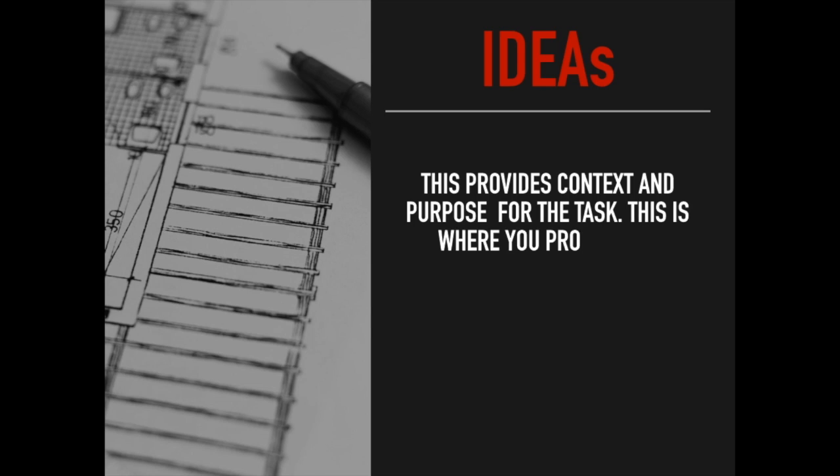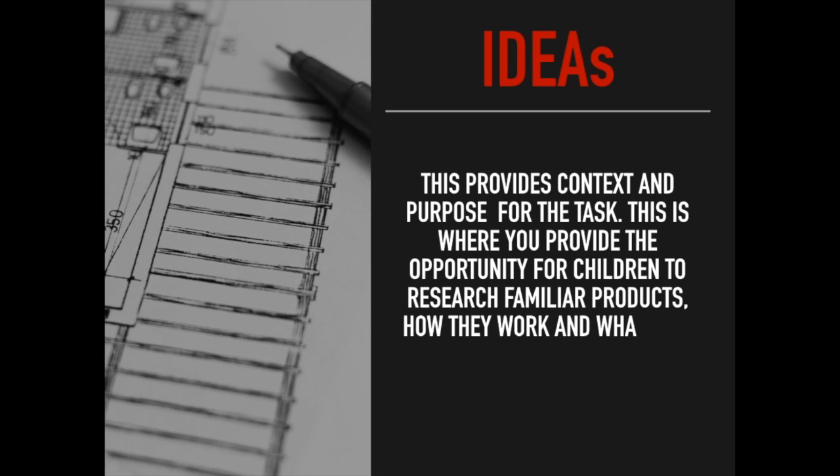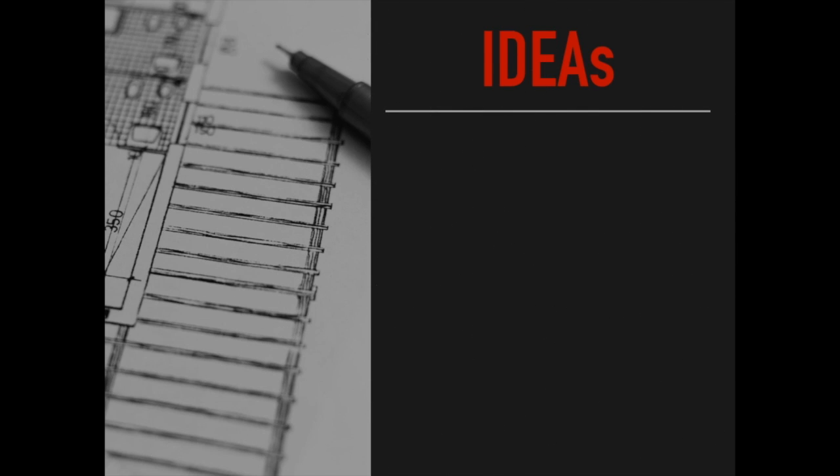This part of the lesson aims to provide context and purpose for the task. This is where you provide the opportunity for children to research familiar products, how they work, and what they are supposed to do. Children can explore, discuss, and evaluate.